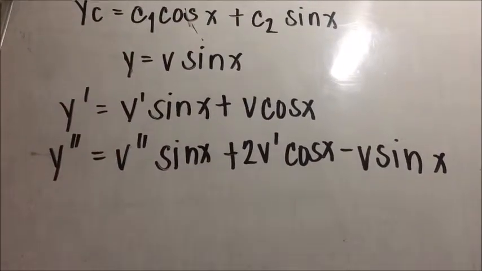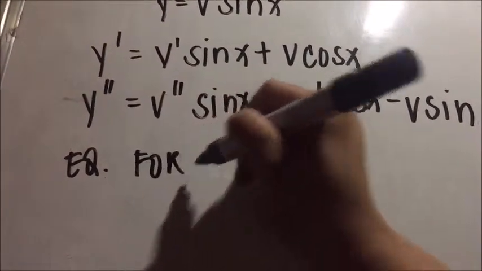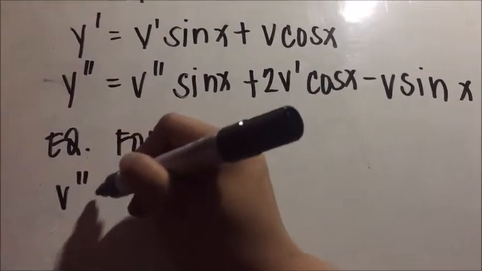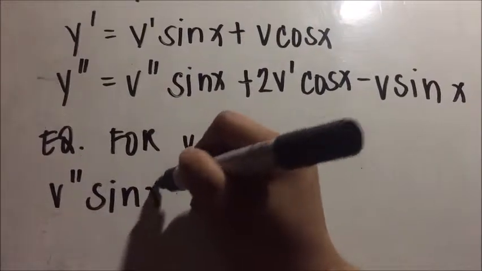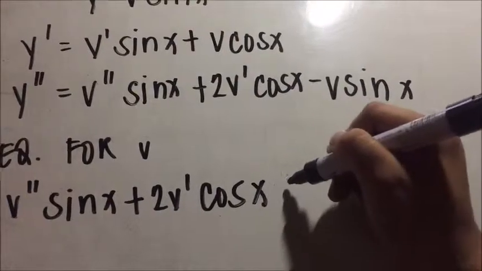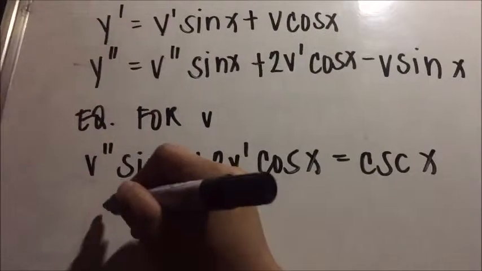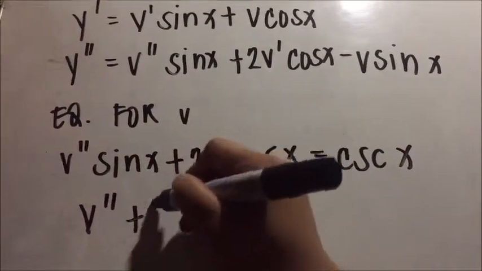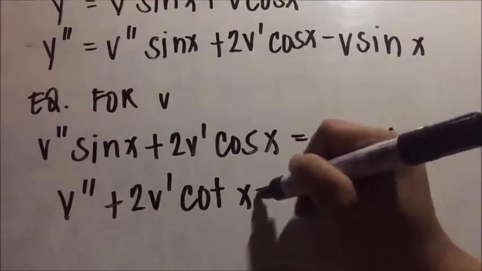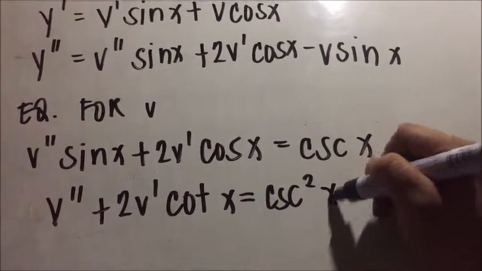The equation for v will be v double prime sine x plus 2v prime cosine x is equal to cosecant x, or v double prime plus 2v prime cotangent x is equal to cosecant squared x.